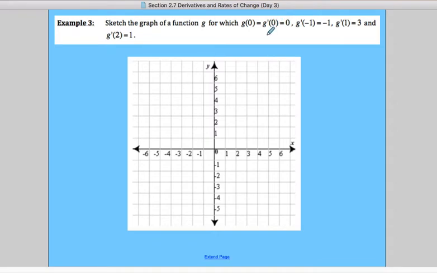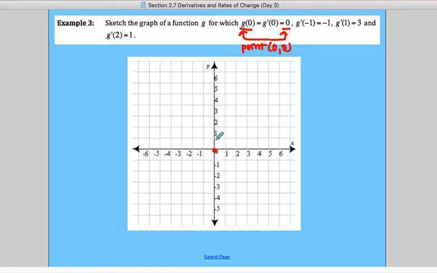Okay, well, let's start with the easy piece. We know that g of 0 equals 0. What that is telling us is I have a point, right? It's my original function. It's talking about my position. I have a point at 0, 0. So I know I have the point from these two pieces of information. I plug in 0, I get out 0.